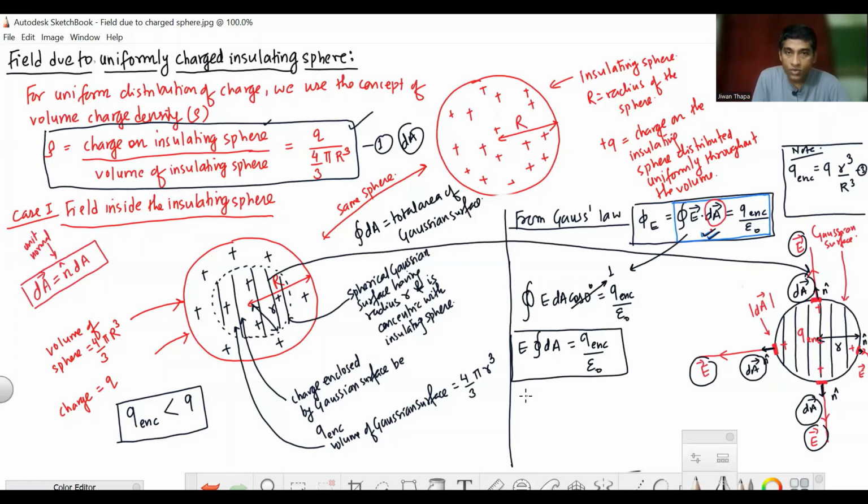So this integration is 4 pi small r power 2.